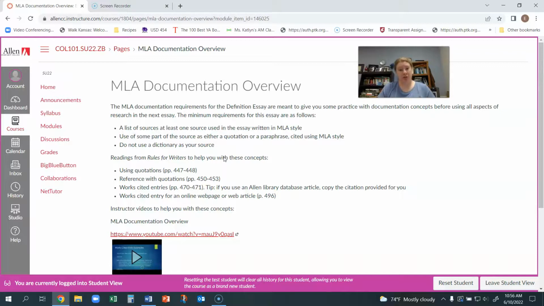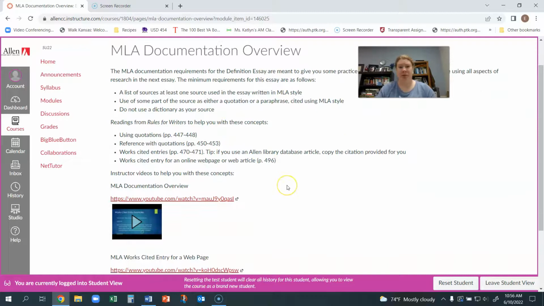You do the same thing every time. All of the works cited entries look roughly the same. It just matters what kind of source you have as to which things you put in there. It all goes in the same order though. And things like quotations and paraphrases, you do the same thing each time.